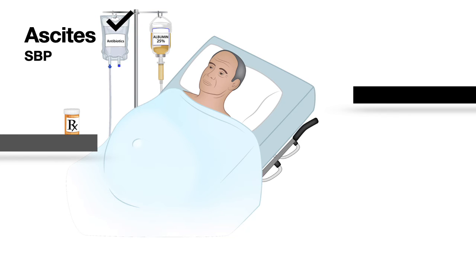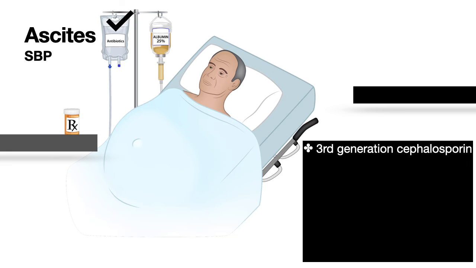In a typical case of spontaneous bacterial peritonitis, with cell count increased, neutrophils more than 250, with or without culture positivity, or culture positive but with polys less than 250, all of those you manage with an intravenous third generation cephalosporin.